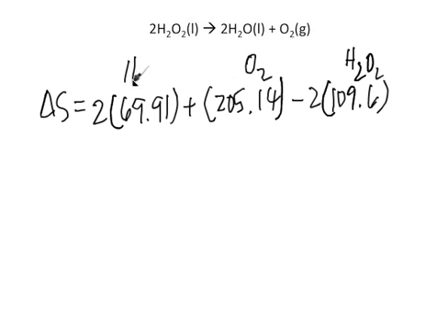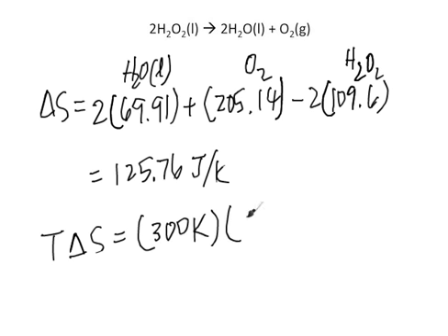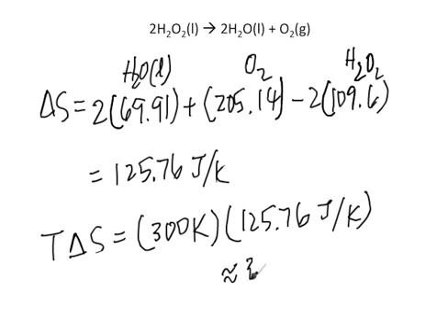This is for the H2O liquid. And so this is going to be around 125.76 joules per Kelvin. And so T delta S is going to be 300 kelvins multiplied by 125.76 joules per Kelvin. And so this is going to equal about 38 kilojoules.